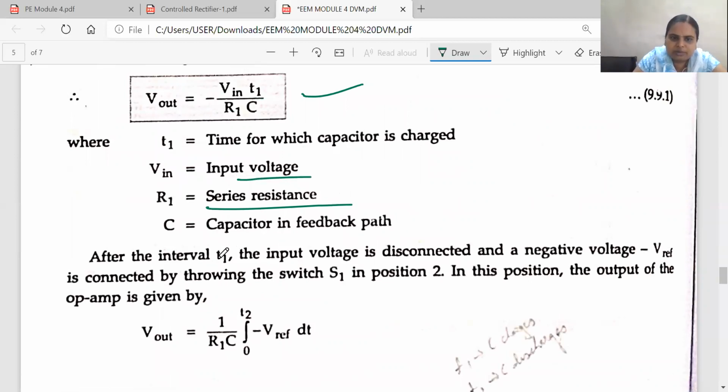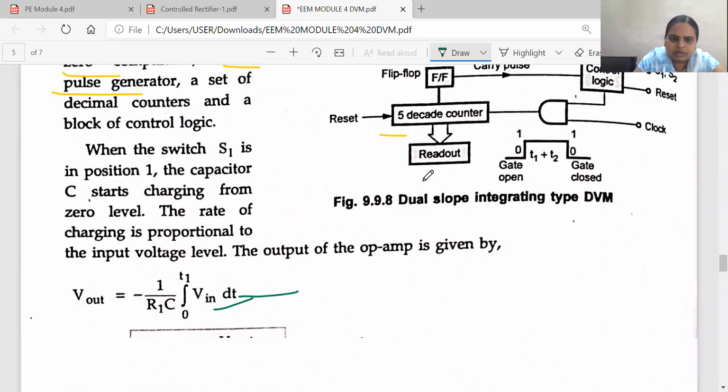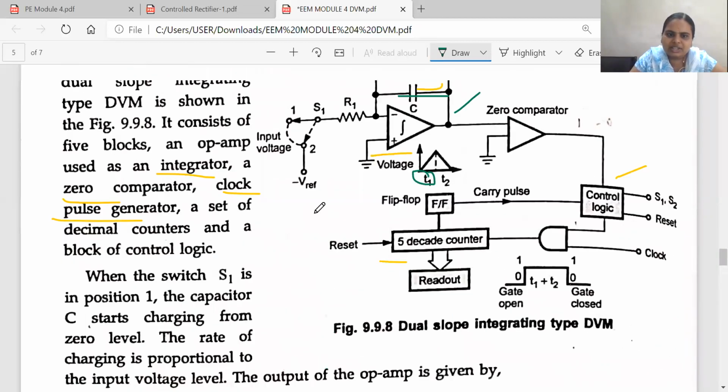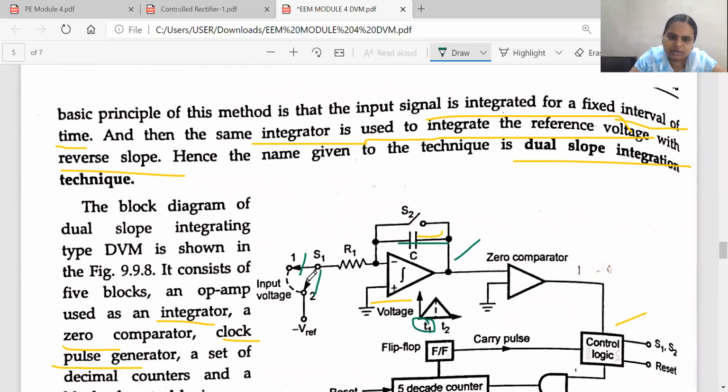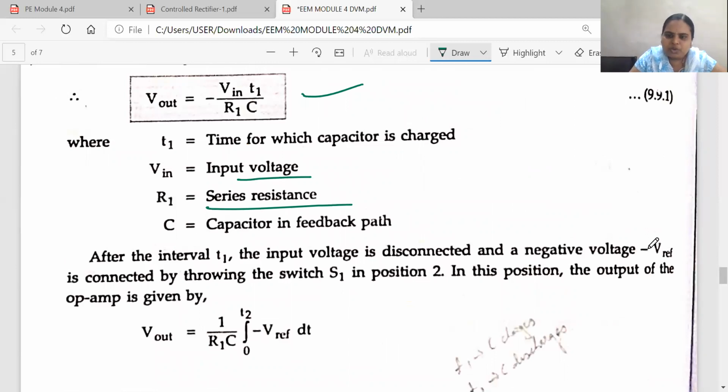After the interval T1, the input voltage is disconnected, and a negative voltage, minus V reference, is connected by throwing the switch S1 to position 2.